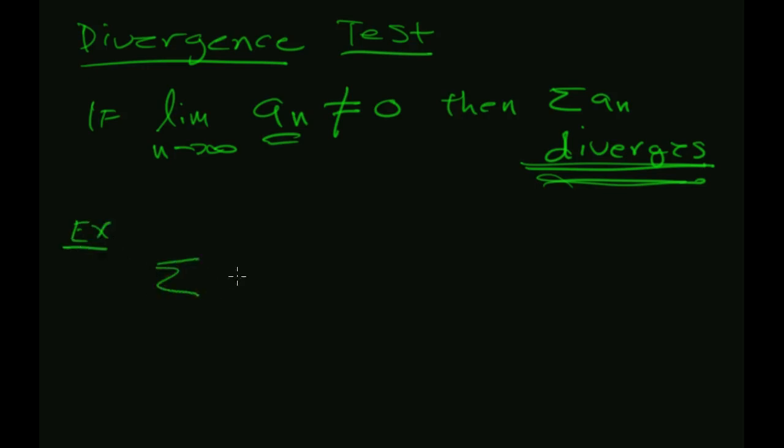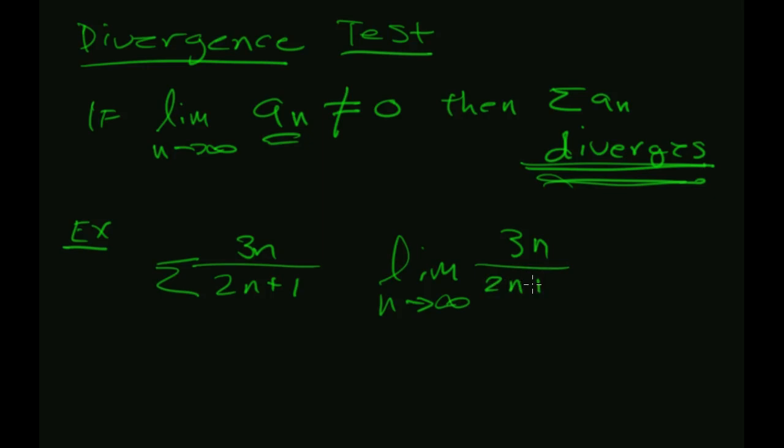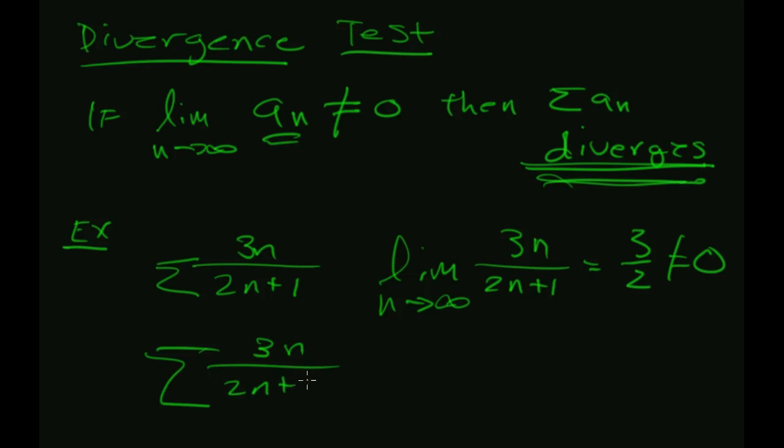If I have the series of 3n over 2n plus 1, well, we know that the limit as n approaches infinity of 3n over 2n plus 1 goes to 3/2, and this is not 0. Therefore, this series, 3n over 2n plus 1, diverges.